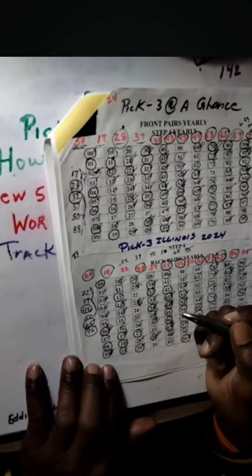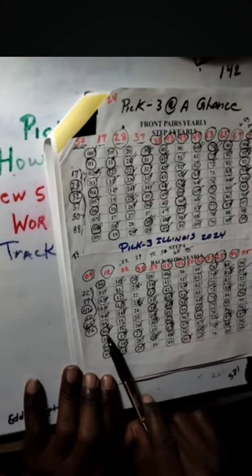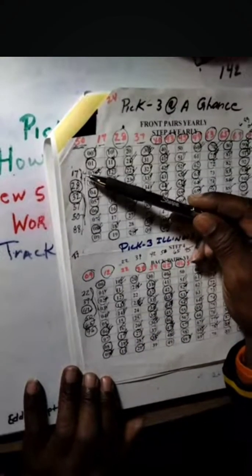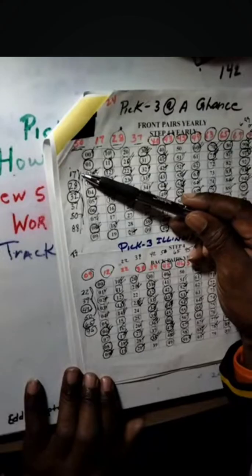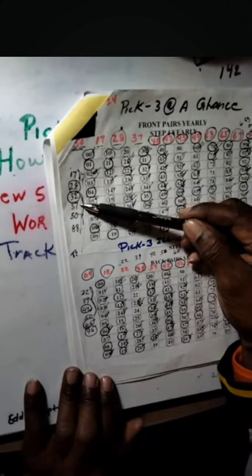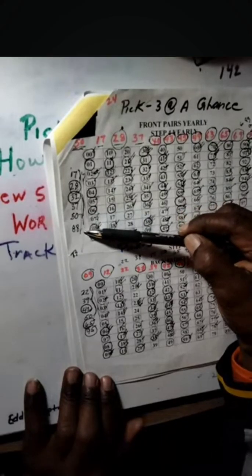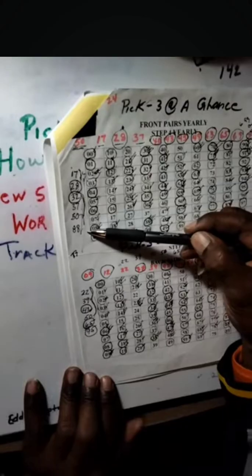All right? So at the end of the year, I know what numbers on the front and the back haven't played. Like I know now Illinois, the 17 ain't played on the front. I know the 37 ain't played on the front. I know the 50 ain't played on the front. And I know the double 8s ain't played on the front. That's why I told you I'm playing triple 8s.